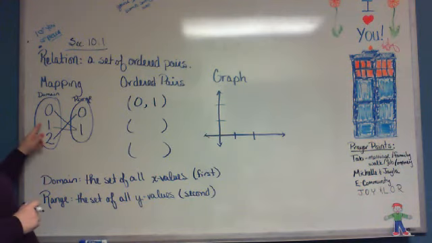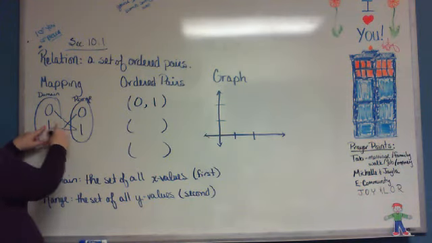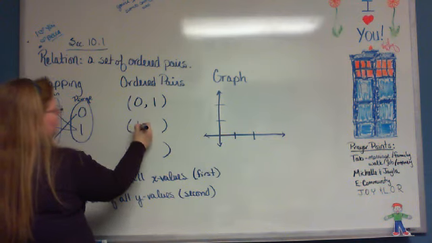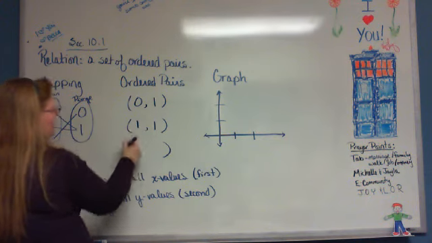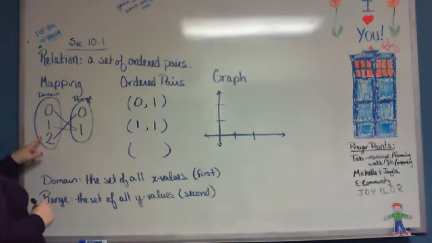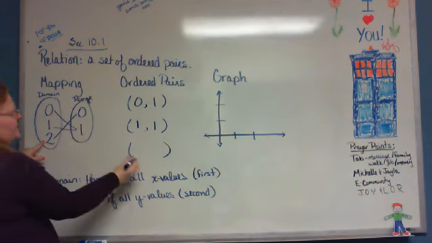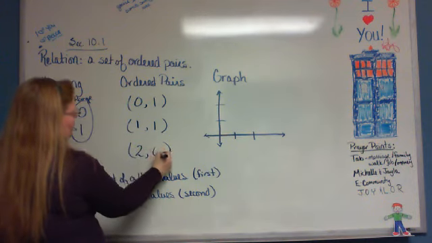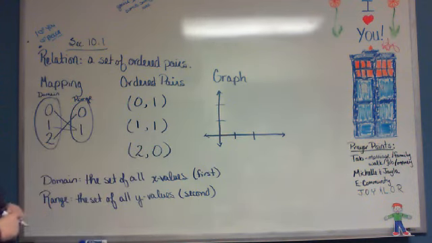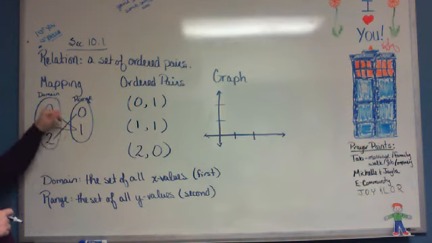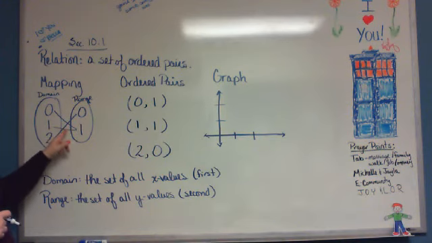Which means another point would be 1, 1, because they're connected by a line. And then another point would be 2, 0, because they're connected by a line. So the relations inside of a mapping are the actual lines that do the connecting.